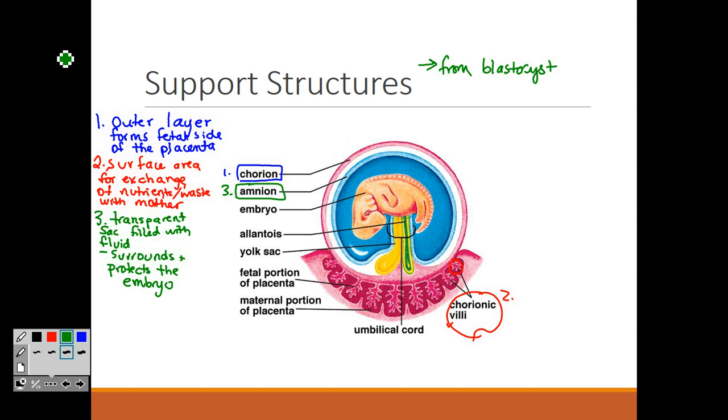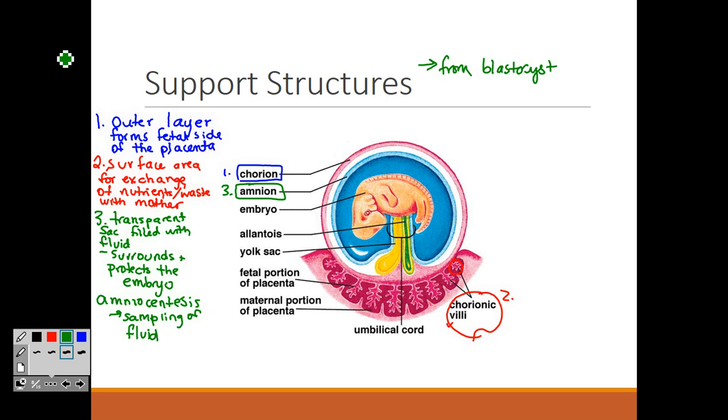Now, perhaps some of you have heard of something called an amnio or an amniocentesis. Has anyone heard of that or maybe know what that is? So we can do something called an amniocentesis. This is a sampling of this fluid.